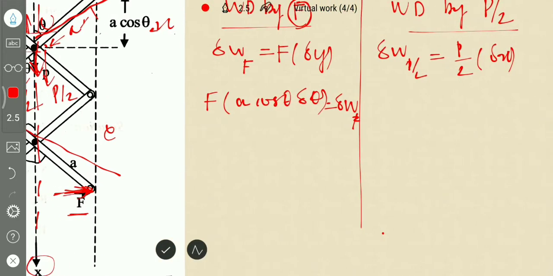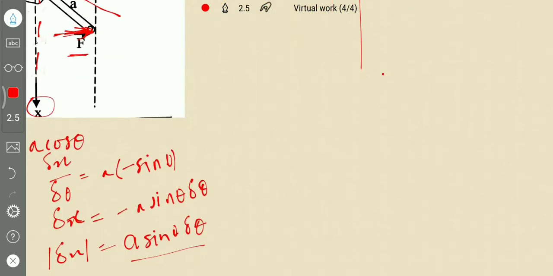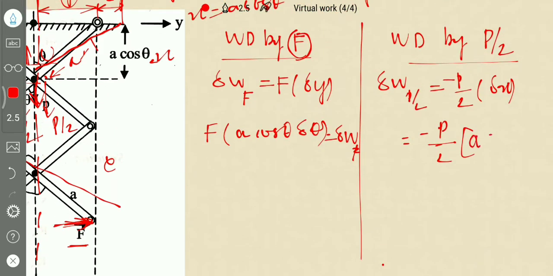Here the sign convention should be negative, because the direction of force is downwards, that is P by 2, which is downwards, and the direction of motion of this link is upwards, which is delta x. The displacement delta x is upwards. That's why the work done will be negative. So minus P by 2. What is delta x? A sin theta del theta.